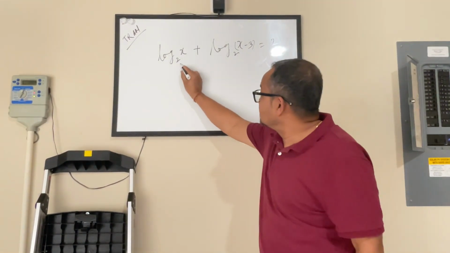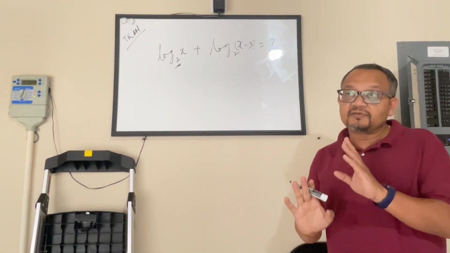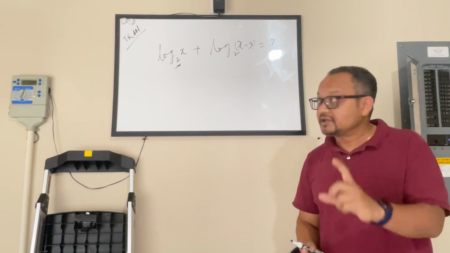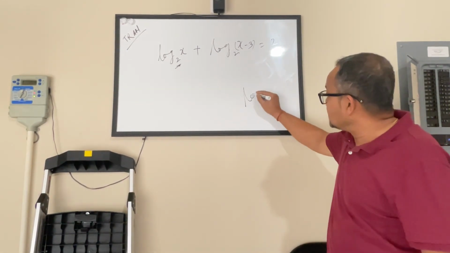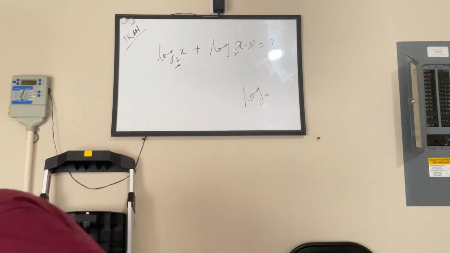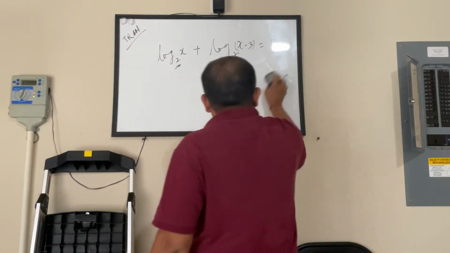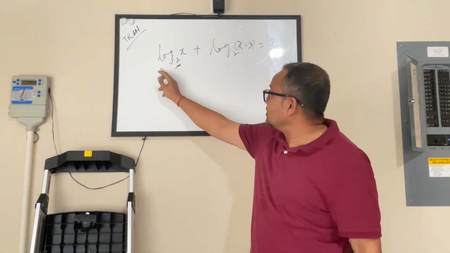Whenever you see this, log is always on the basis of some base. If there is nothing written, by default you can assume that it is 10. Okay? So this part you and I understand the same way. Now, look at this.